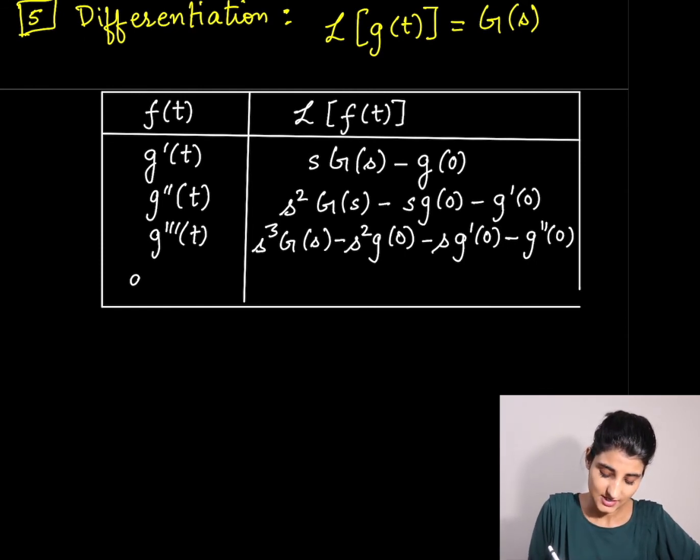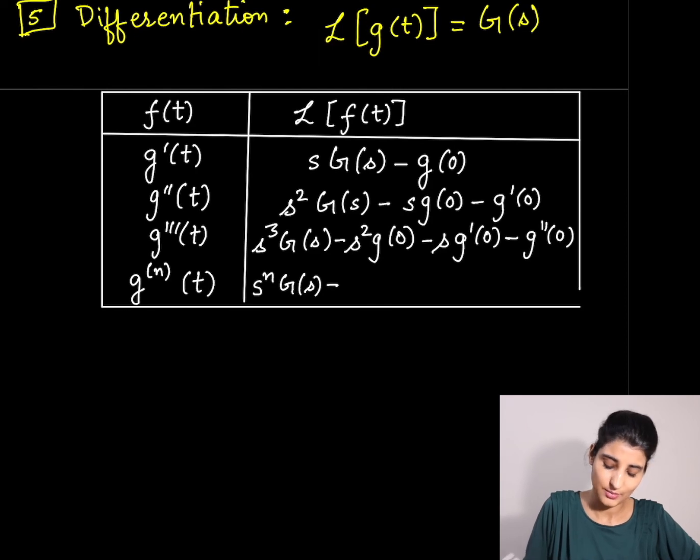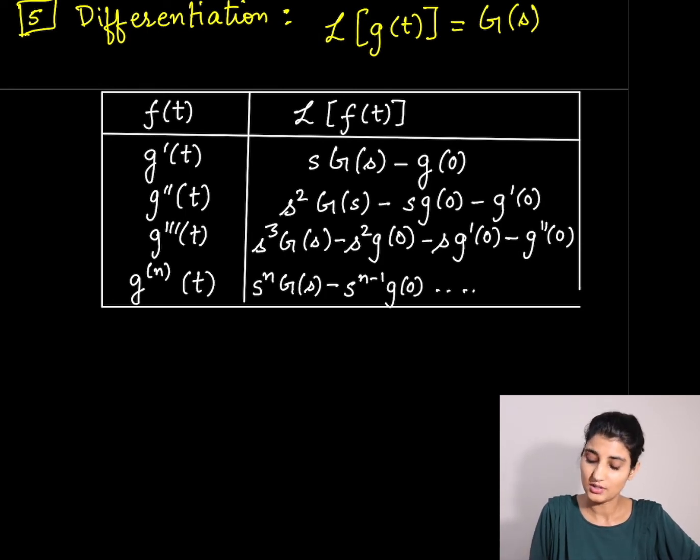Let's generalize this. If we are talking about the nth derivative, the Laplace is going to be s power n G(s) minus s power n minus 1 times the value of g at 0, and so on.